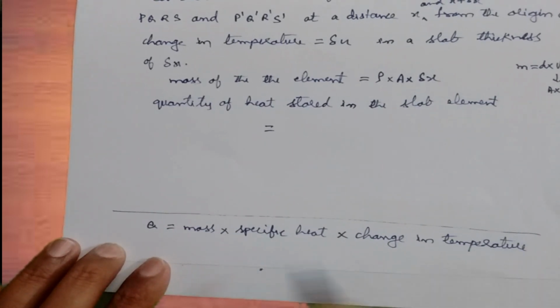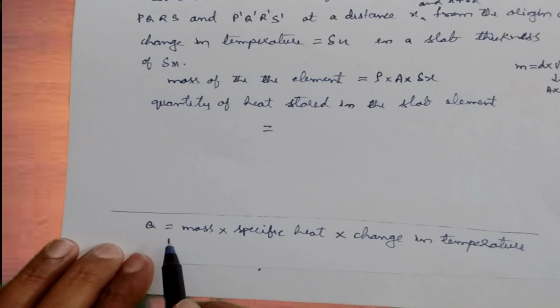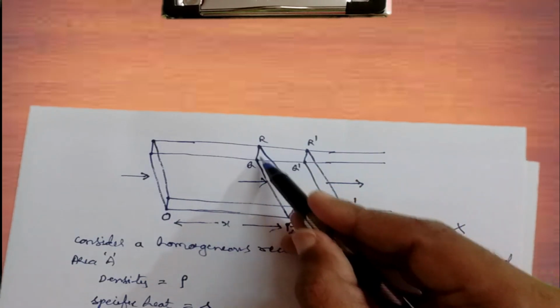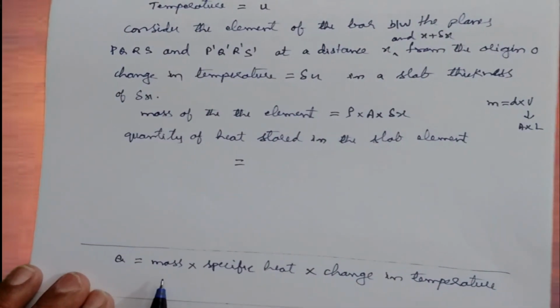This is the basic formula for the quantity of heat stored. So we want to know the quantity of heat stored in this region. That is what we are trying to calculate.